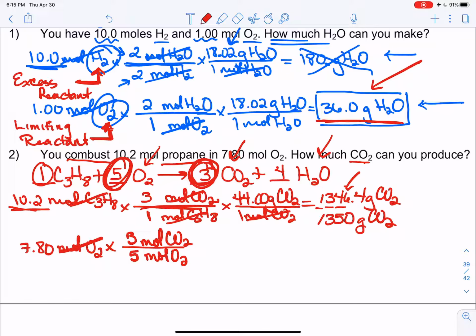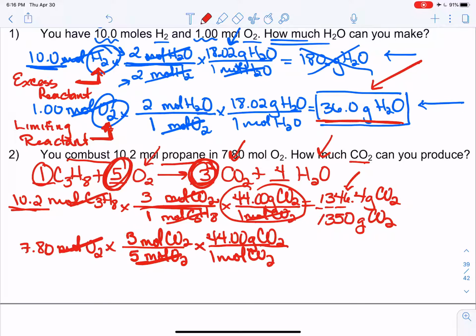Okay, so we cancel out the moles of O2 and we're in CO2, and we write exactly what we did before up here, that 1 mole of CO2 is 44.00 grams of CO2. And if you've forgotten how we do that, carbon weighs on average 12.01 and an oxygen weighs 15.999.